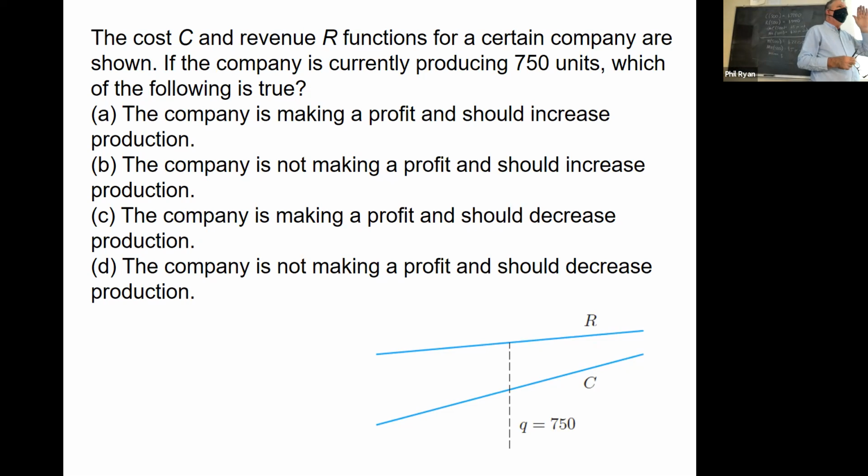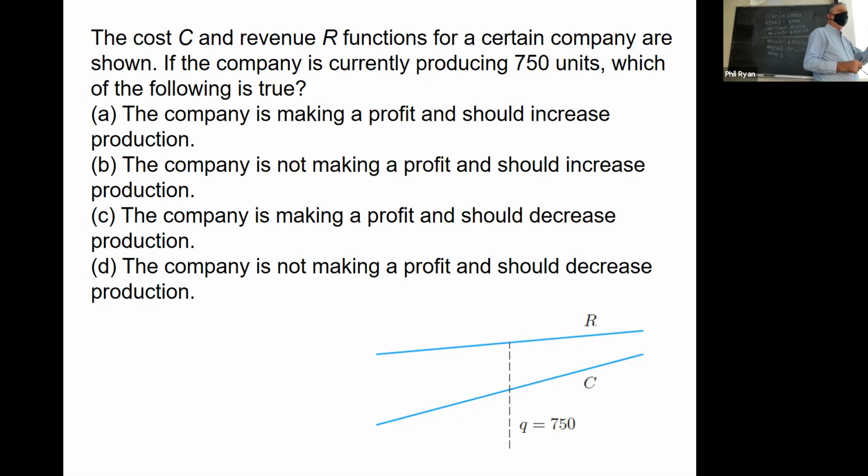So the main exercise is the difference between understanding a quantity and its derivative. Whether you're making a profit or not depends upon where R is in relation to C. If revenue is greater than C, then you're making a profit. Whether you should increase or decrease production depends upon marginal revenue and marginal cost.